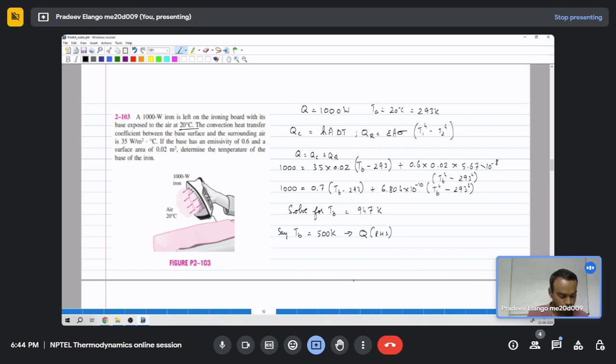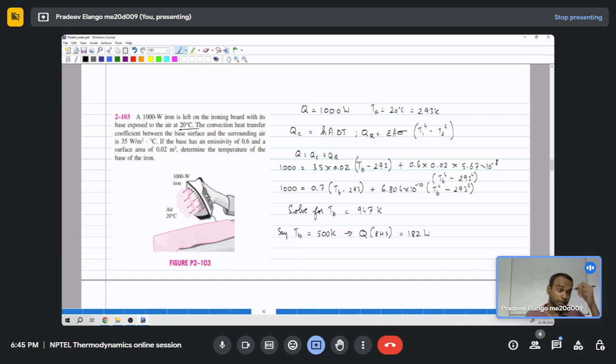So if you solve for 500 Kelvin, I got the Q value as 182 watts.